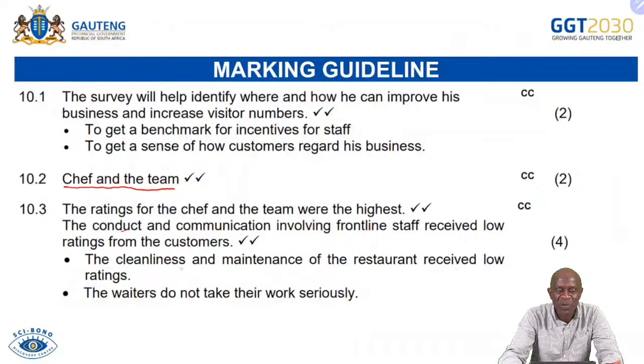A lot of things were not taken care of. So this made the chefs and the team come out best. The waiters do not take their work seriously because they were not attentive. They did not attend to the customers on time. And also, they did not give them the bill timeously.